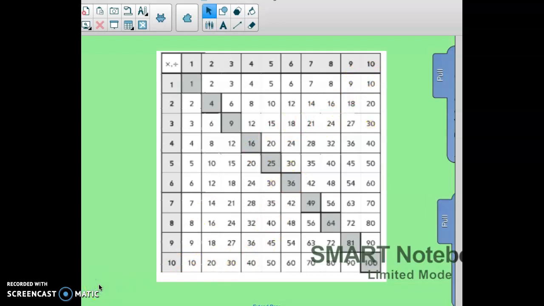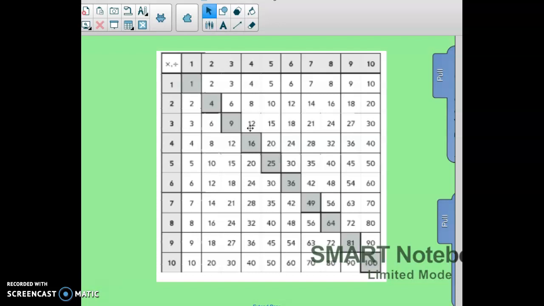Is 11 on the fact table? Our factor pairs only go up to 10. 10, 12, 9, 12. I can't find a single 11. How about you? Does that mean it doesn't have any factor pairs? Of course not.